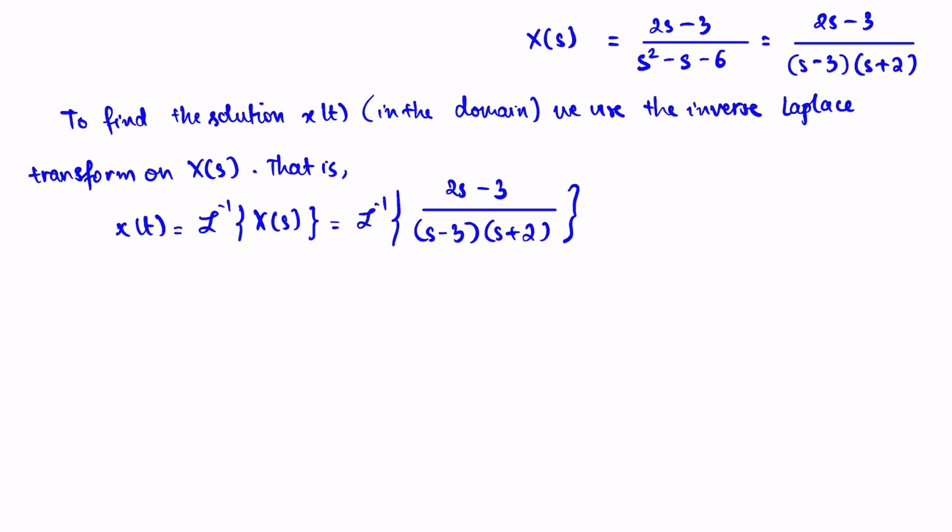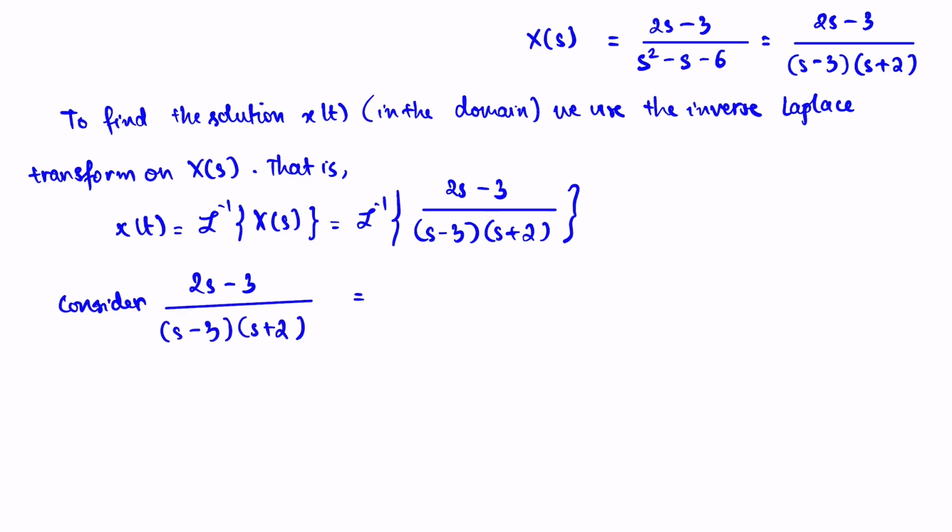And similar to the last example, what you're going to do is apply partial fraction decomposition to separate this fraction into two smaller fractions. Okay, and from there you can apply the inverse Laplace transform a little bit easier. So we're going to consider 2s minus 3 divided by s minus 3 times s plus 2.